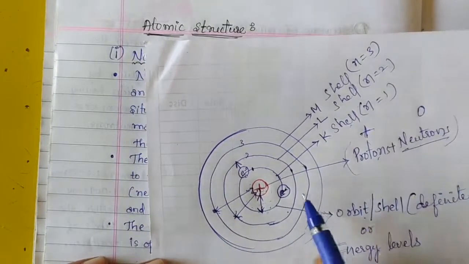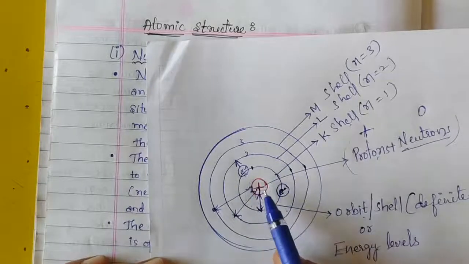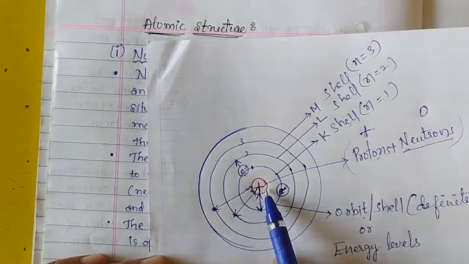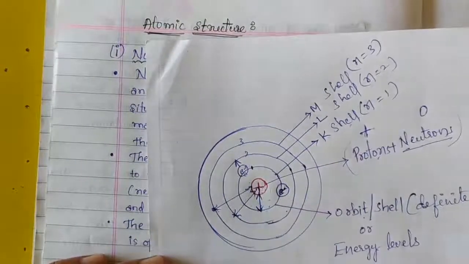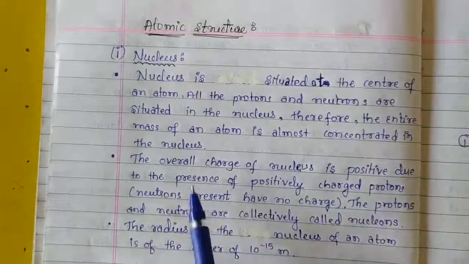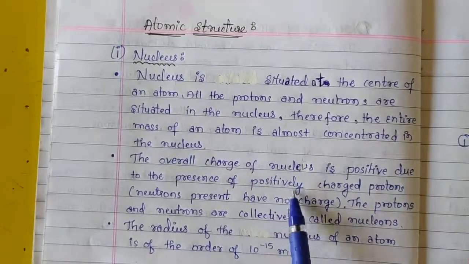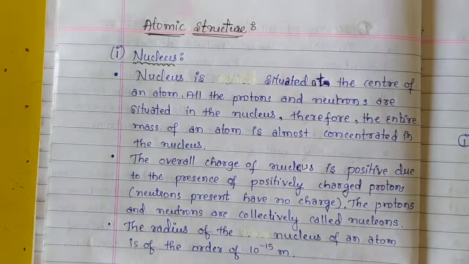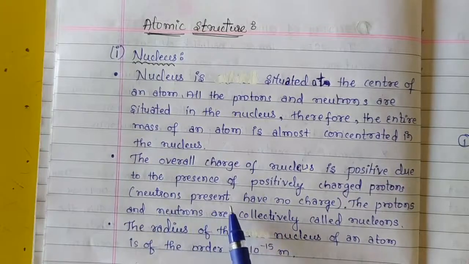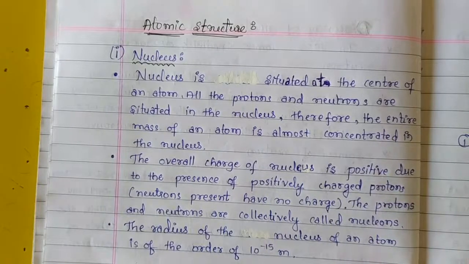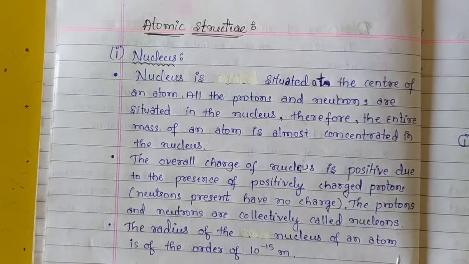Therefore, we can say that the mass of the entire atom is concentrated at the nucleus. The overall charge of the nucleus is positive due to the presence of positively charged protons, since neutrons have no charge.